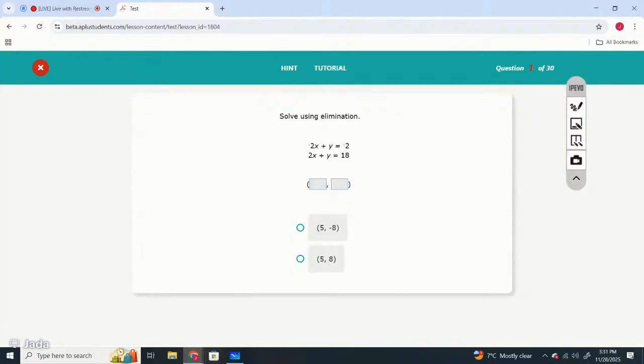Solve using elimination. Negative 2x plus y equals negative 2. 2x plus y equals 18.